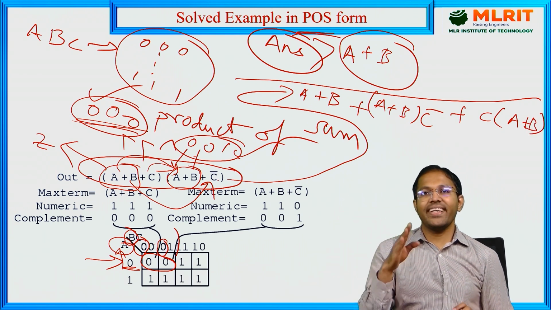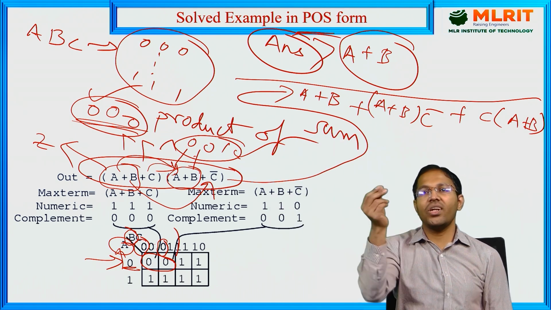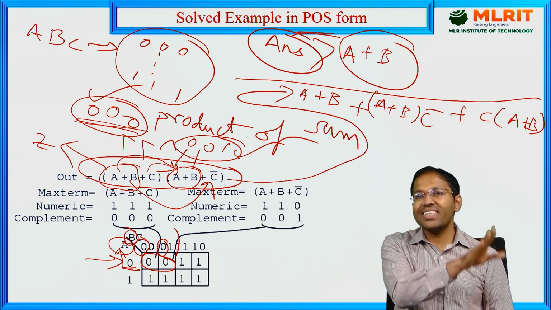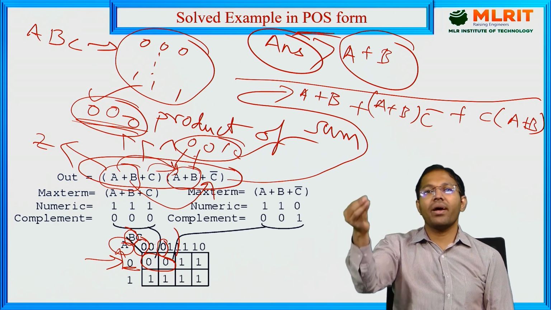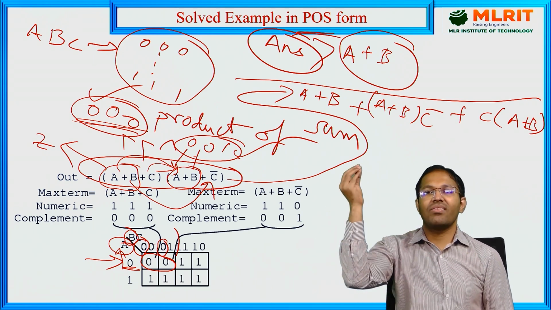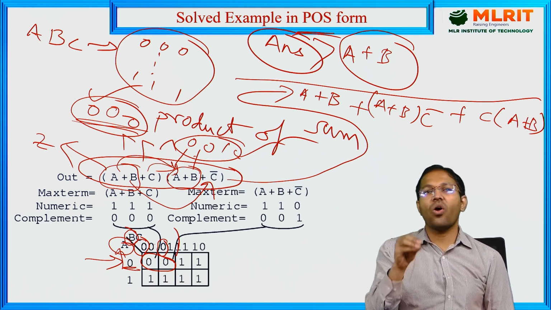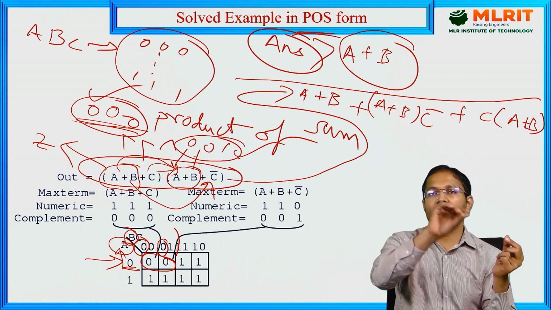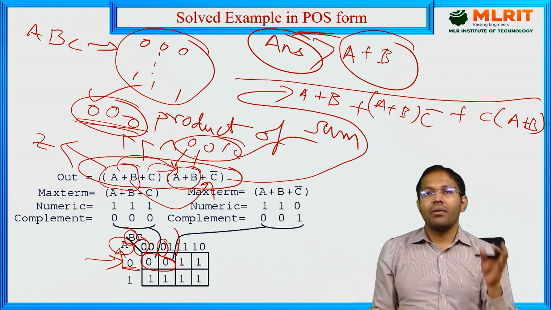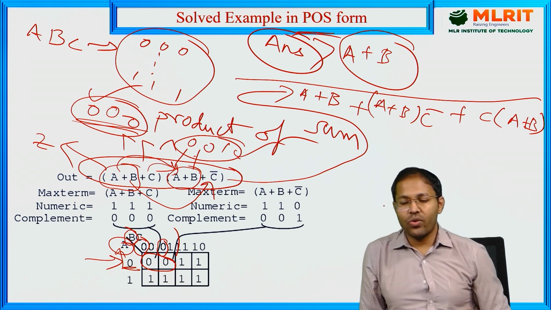If C is 0, C bar is 1. 0 into 1 is 0. If C is 1, C bar is 0. Even then, C into C bar will give us 0 into 1, which is 0. So either case, always a value multiplied by its complement is always 0. When we are adding 0, we don't need to write.